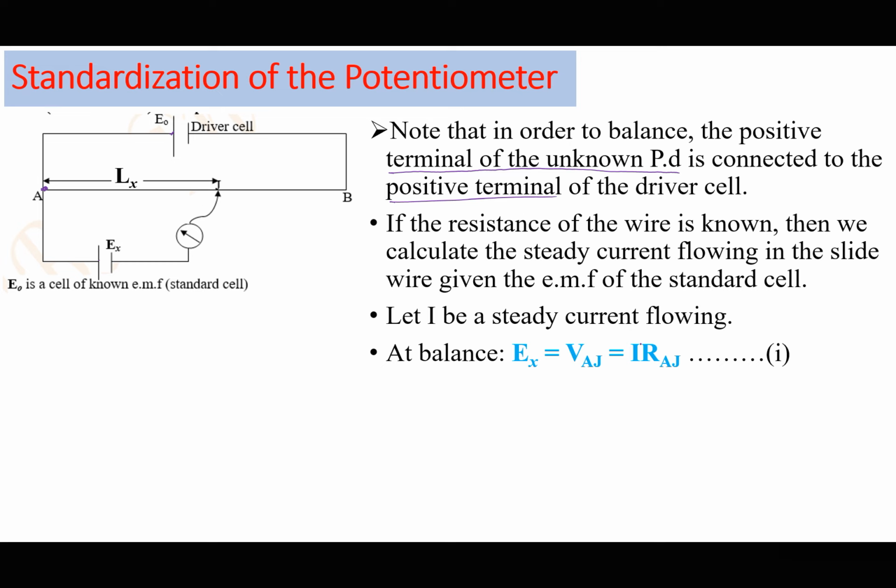But remember, PD is I times R, so the current flowing through AJ can be obtained from Ex, which is equal to VAJ, which is the same as I R_AJ. However, do not forget that the PD across AJ is also the same as a constant times the length AJ. That is very important.